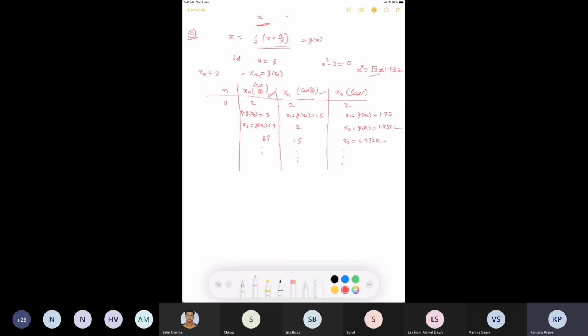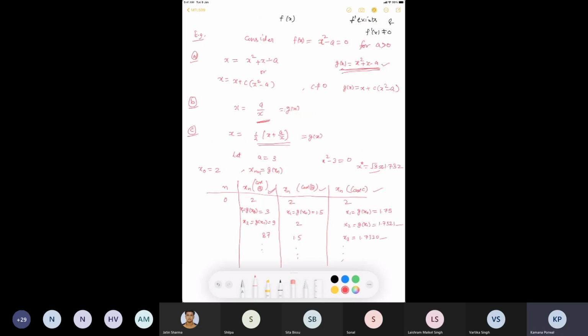And in the case C, you can see that it is converging to 1.732. So it basically depends on what choice of the g you have. That will depend, first of all, on whether you are going to have a fixed point of g, and whether the sequence of iterates generated using the fixed point method will converge or not. So it very much depends on the choice of g.